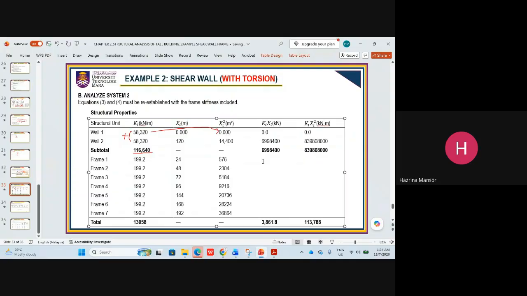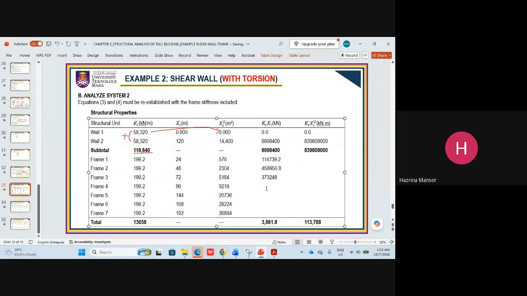199.2 multiplied with 576, so you will get here 114,739.2, and similarly you get 199.2 times 2304. So you will get 458,956.8. And then you have 72 times 5184, which is 373,248.